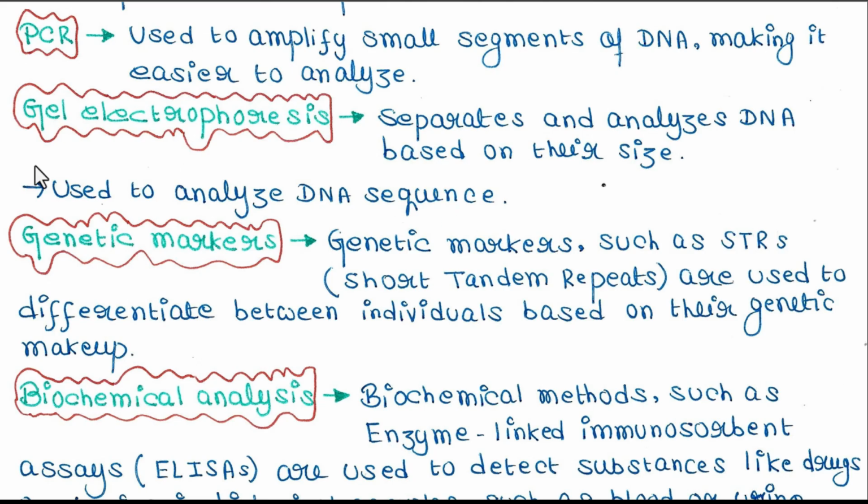Next is genetic markers. Genetic markers such as STRs, short tandem repeats, are used to differentiate between individuals based on their genetic makeup. So we can compare these STRs in different samples.